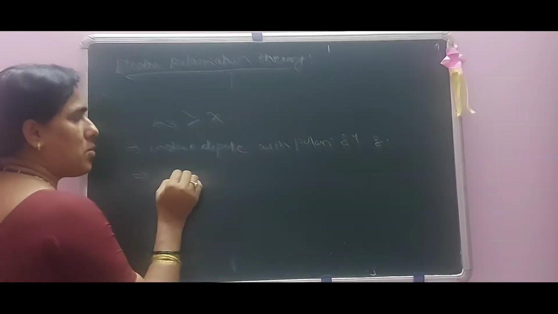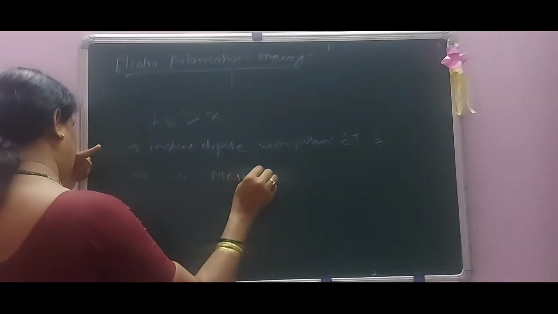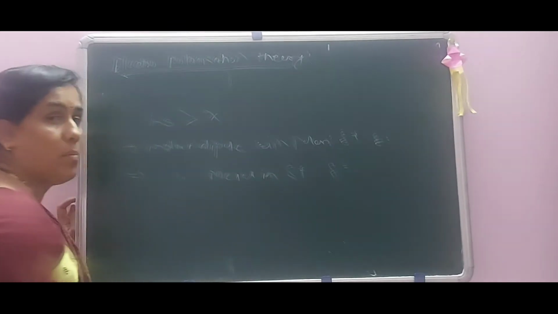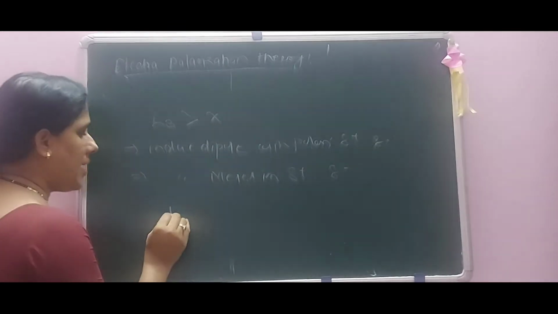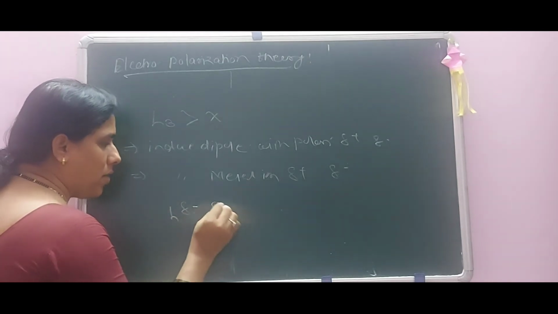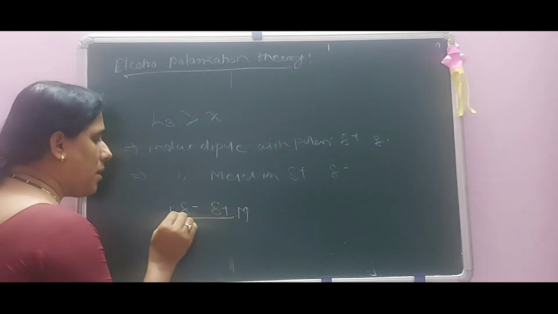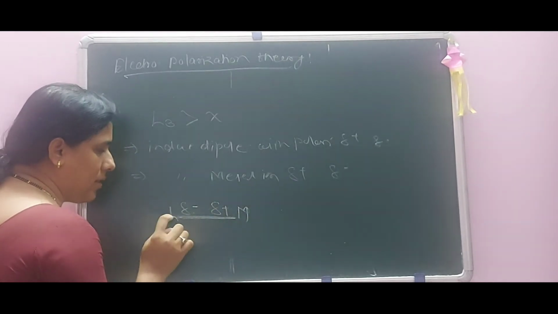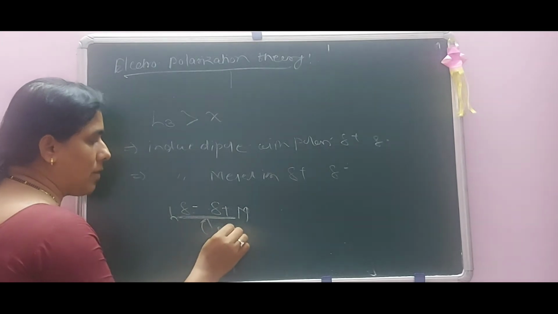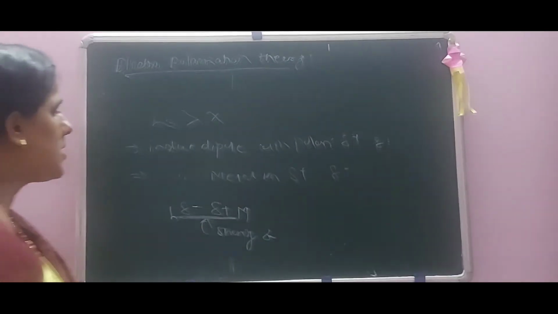Then it also induces a dipole in the central metal ion as delta plus and delta negative, but in the direction where the ligand's delta negative faces the central metal's delta plus. Whatever the bond between this ligand and the metal ion is, it becomes a strong one, and this bond is known as a sigma bond. At the same time, what happens?